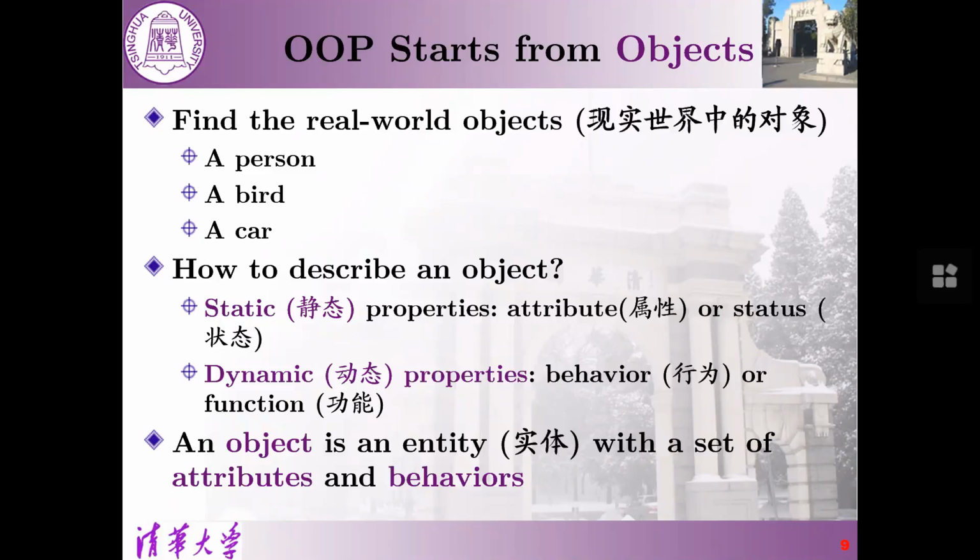We can see that there are static properties and dynamic properties. Static properties refer to attributes and status, and dynamic properties refer to behavior and functions. So that's how we describe an object. An object is an entity with a set of attributes and behaviors.